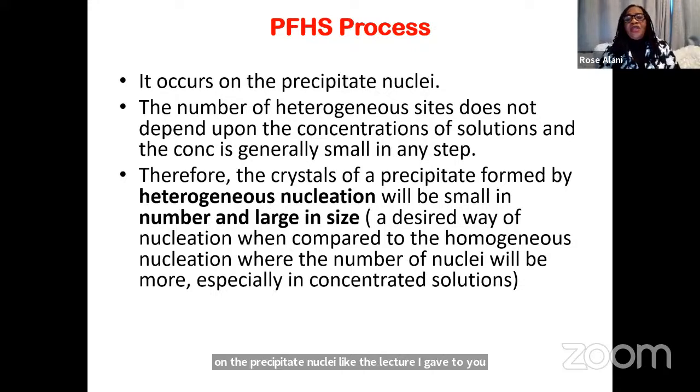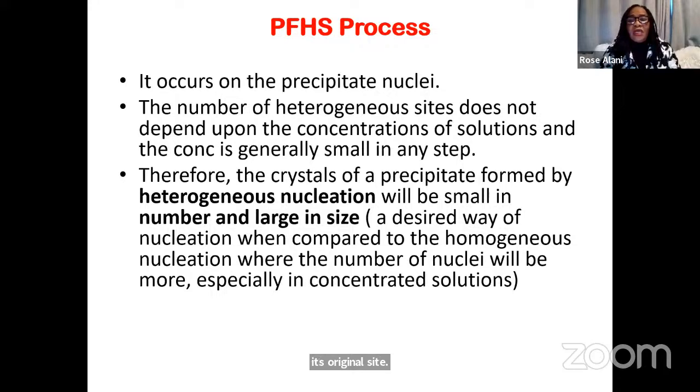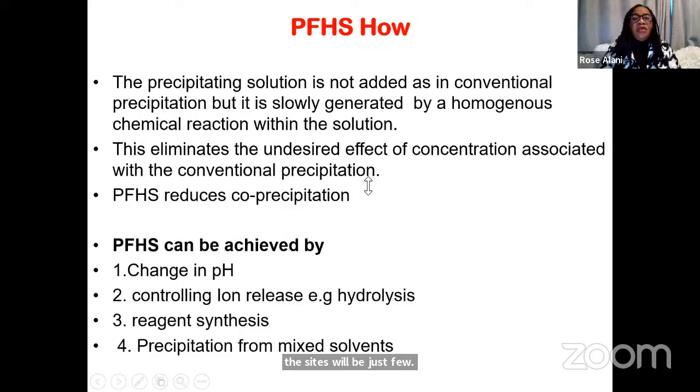The number of heterogeneous sites does not depend upon the concentrations of solutions, and the concentration is generally small in any step. So it means that you might have some heterogeneous sites there, but the sites will be just few, and so it's not going to be a problem.